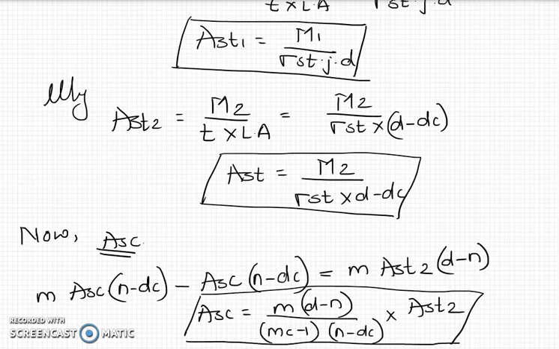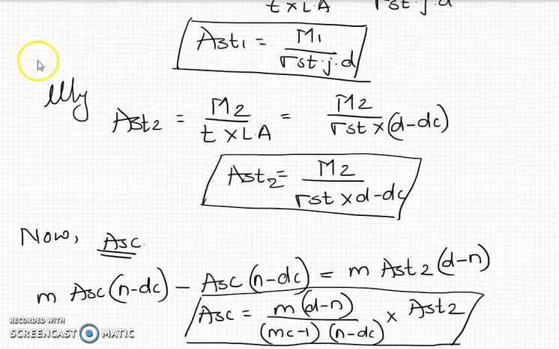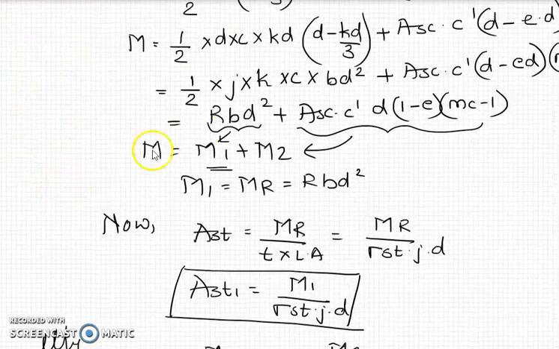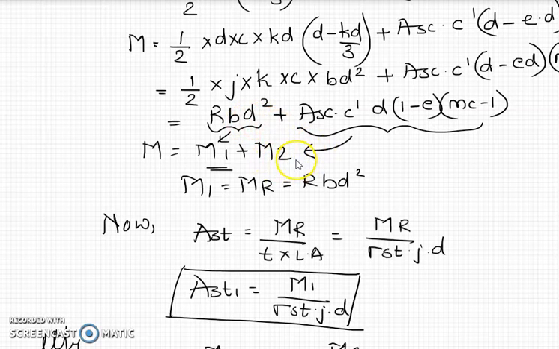So from here we will need the equations for AST1, AST2, ASC, and M1, which we already know is RBD square. We will need the equation for M2, which is this, or the total moment.